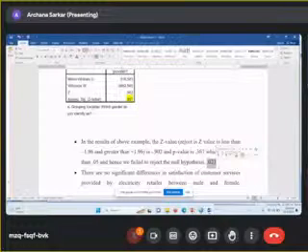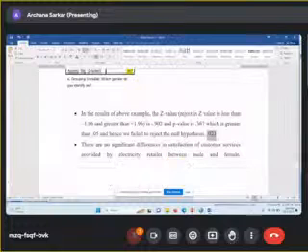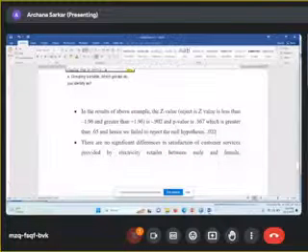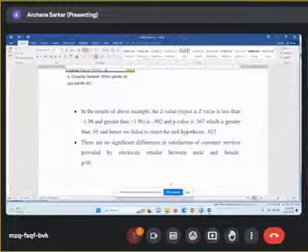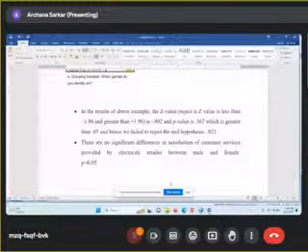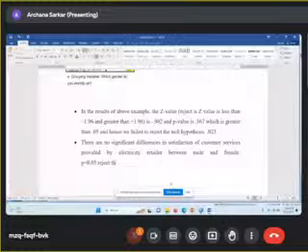It is less than 0.05, therefore we reject it. Yes, if the p-value is less than the level of 0.05, then reject the null, and if it is greater than, then we fail to reject.